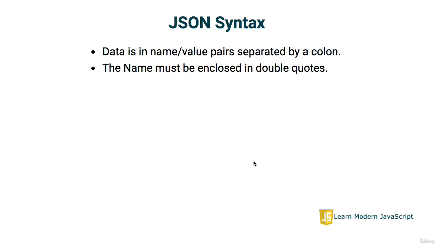Now that's a very important point, because that is not required when creating an object in JavaScript, but it is required in the JSON format. Now, data is separated by commas, so as you have multiple name value pairs, you need to separate those with commas.